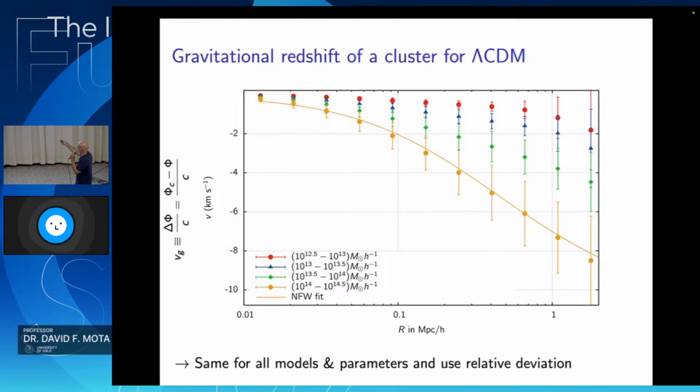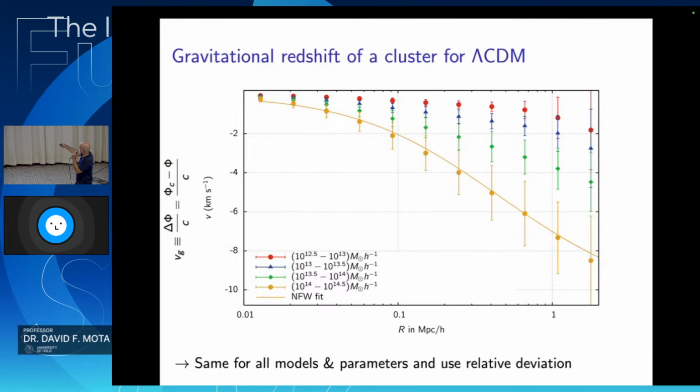Here I'm showing you the gravitational redshift as a function of the radius. If I'm in the center, the gravitational redshift is quite small, because I'm looking at a photon coming from a galaxy very close to the center, so phi minus phi c is almost the same.